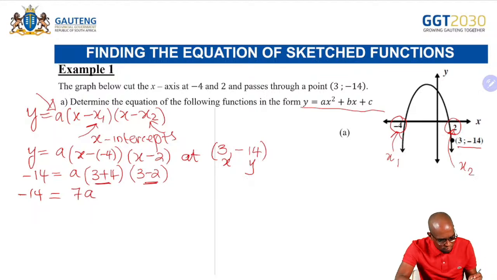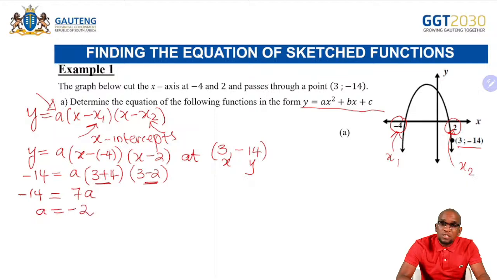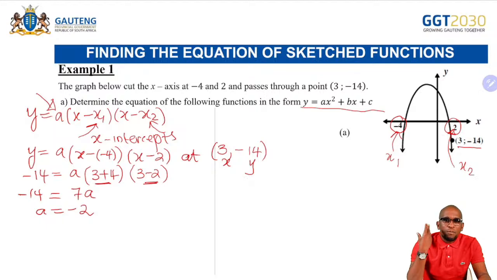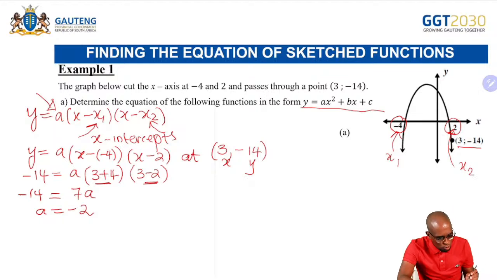When I divide both sides by 7, I get that a is equal to -2. I divide throughout by 7 because I have 7 times a, and I'm not looking for 7 times a, I'm looking for a. So I apply the inverse of multiplication by dividing both sides by 7. So a is equal to -2.